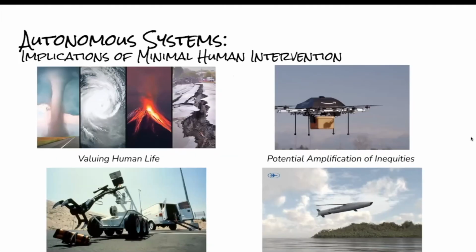And finally, we wanted to talk a little bit about autonomous systems and their implications overall for the world. We think this really comes down to the implications of minimal human intervention, which can have both benefits and drawbacks.